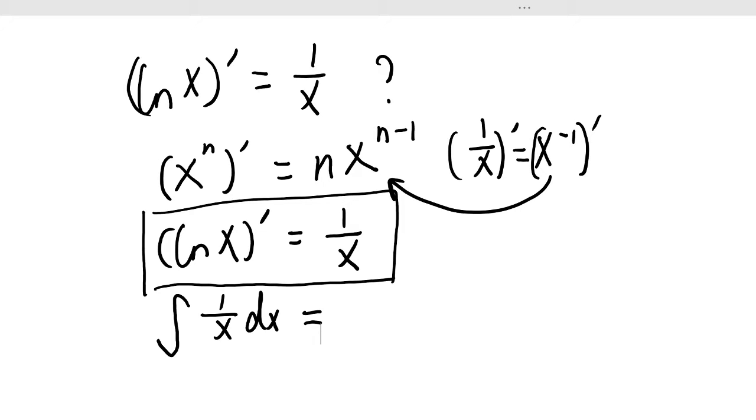Now, integration of 1 over x, we apply the inverse of that. So we know we should get ln of x.